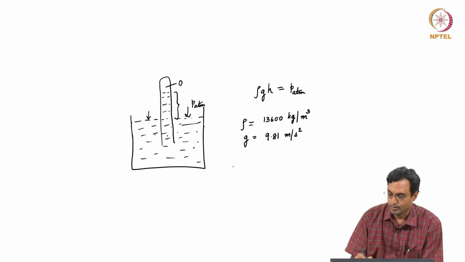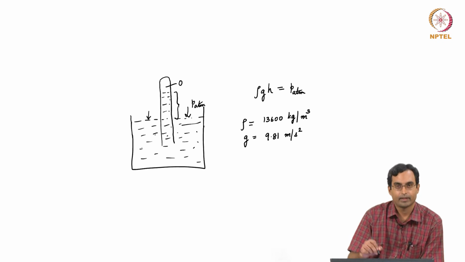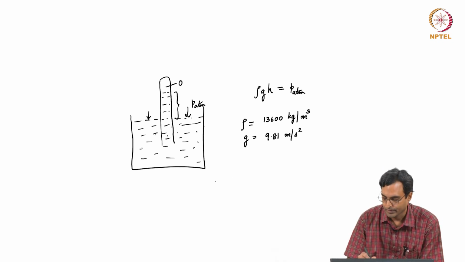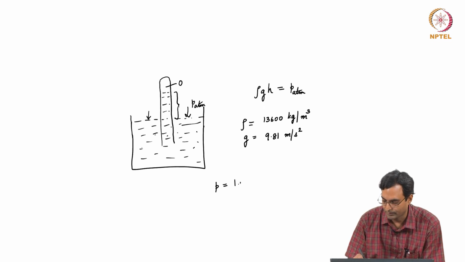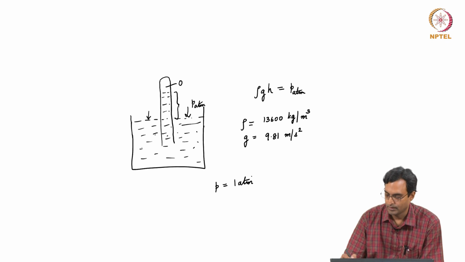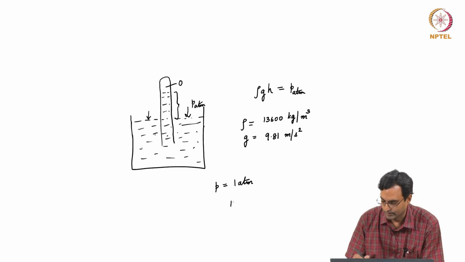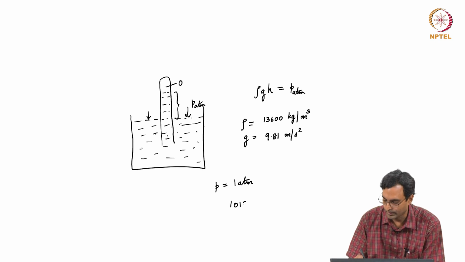Normally, what we would do is find out the height of the column and then find out the pressure, but in this case, let us say the pressure was 1 atmosphere, we can find out what would be the height of the column. So, 1 atmosphere is 101,325 Pascal.